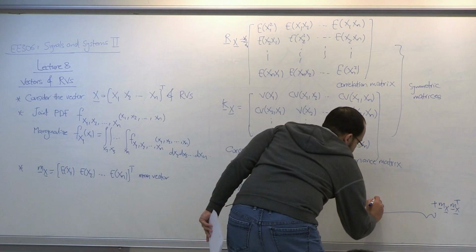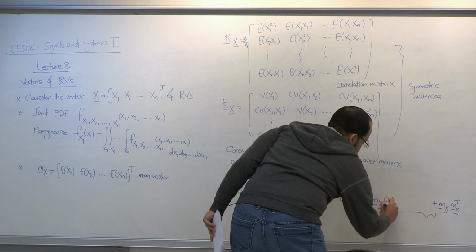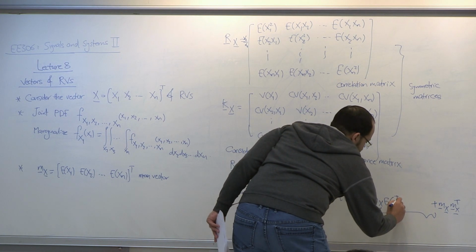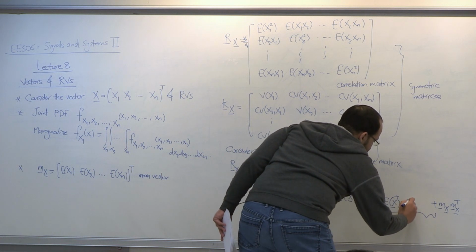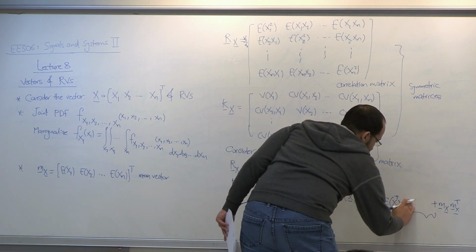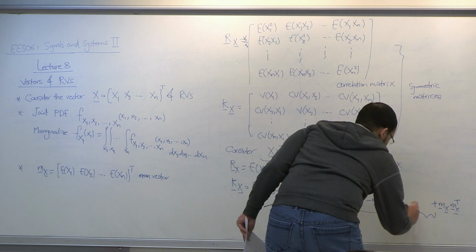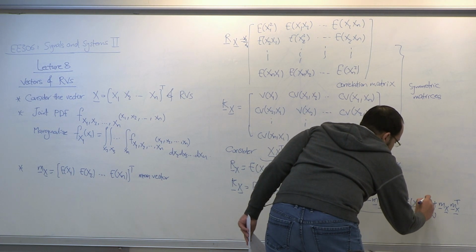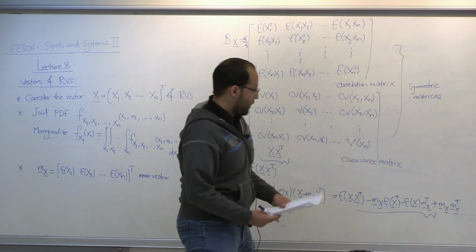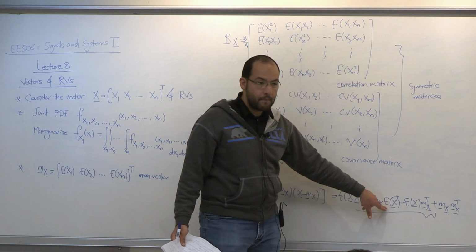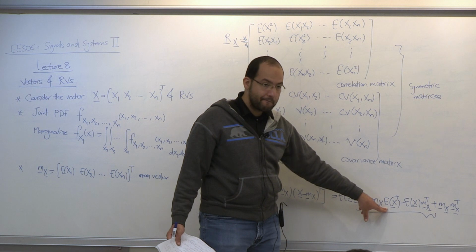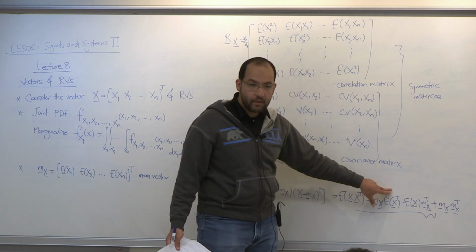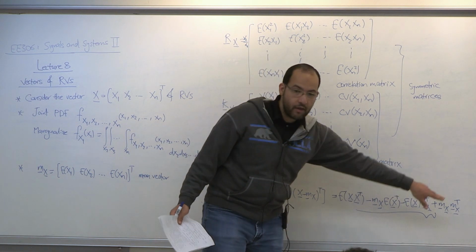So minus Mx, expected value of X transpose, minus expected value of X, Mx transpose. What is this? It is Mx transpose, correct, and another one, and a third one.